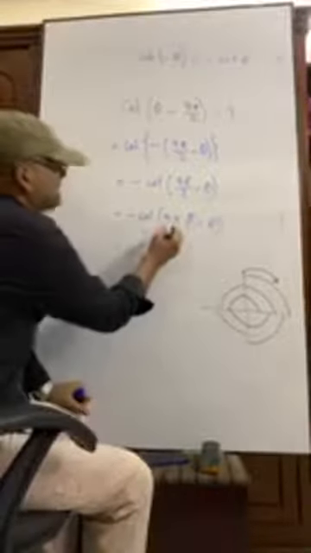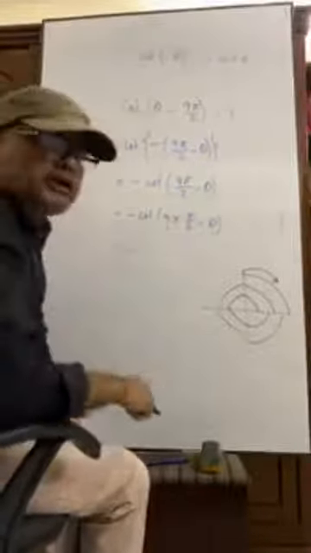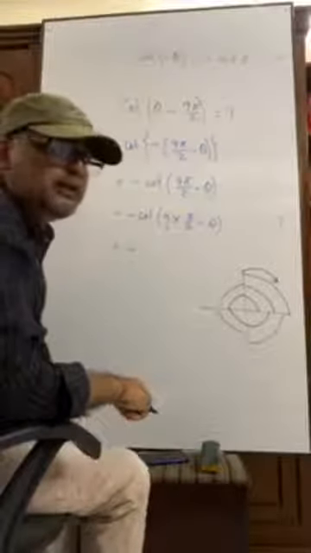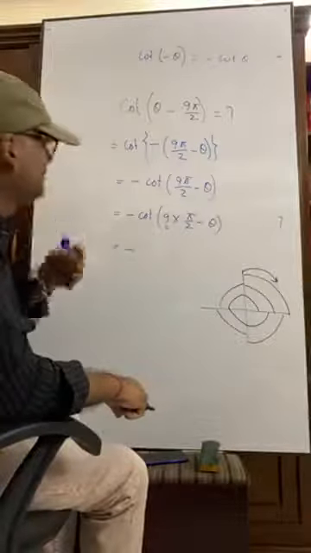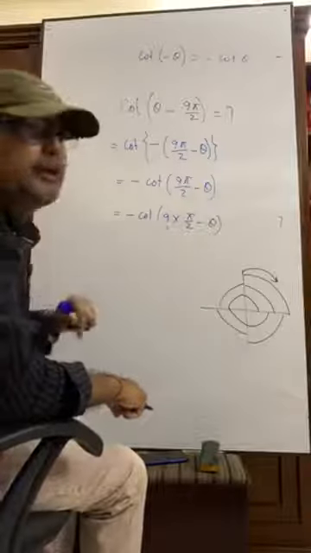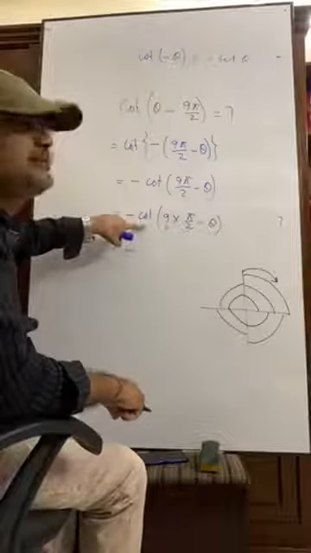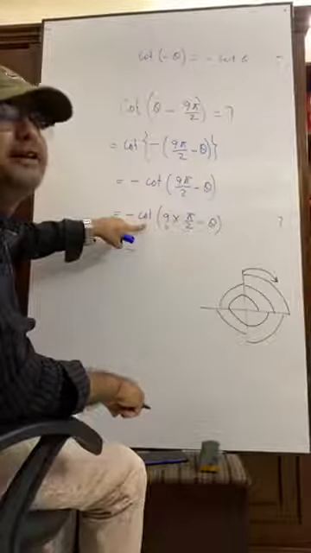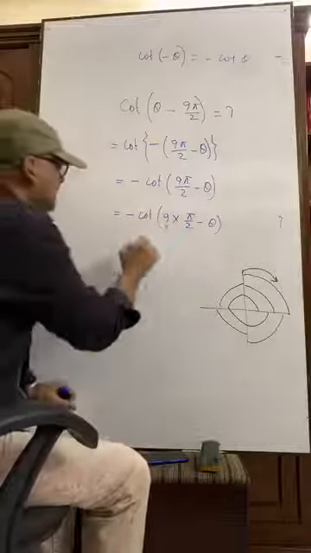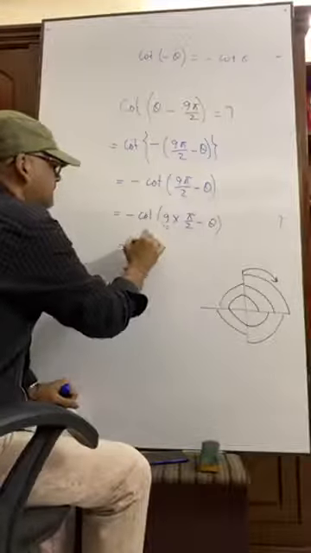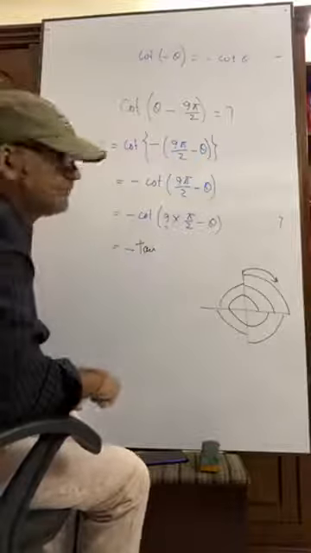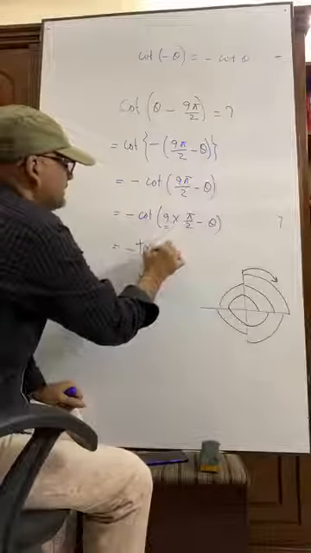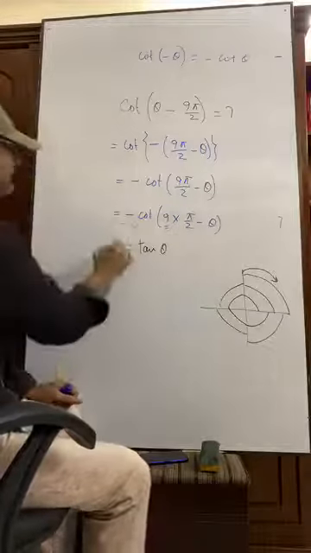Now it is 9, an odd number. If it is an odd number, then cot becomes tan. That is minus tan theta. The answer is minus tan theta.